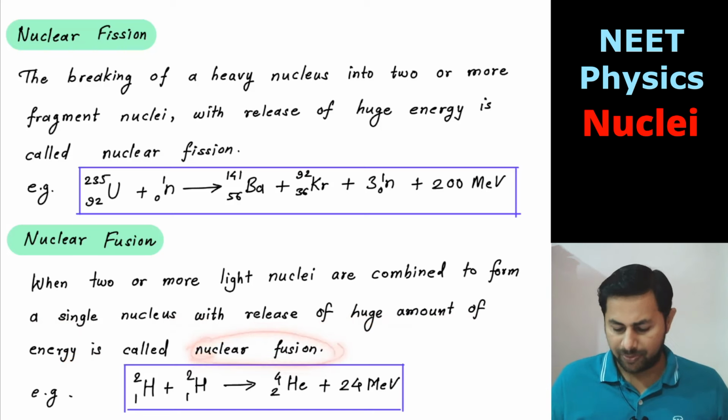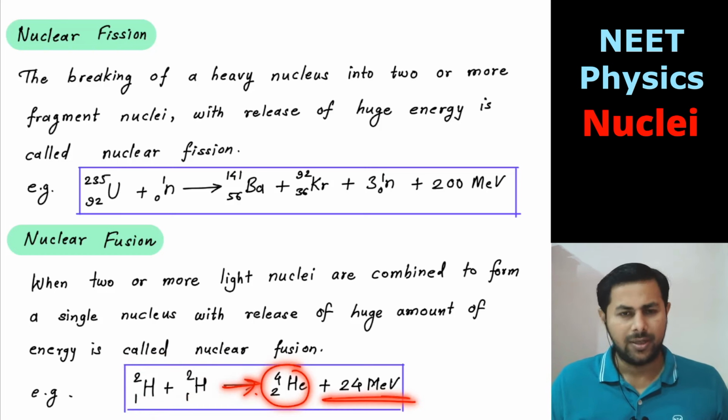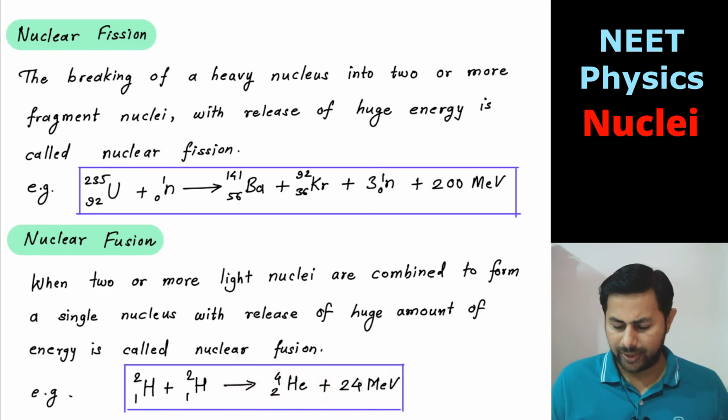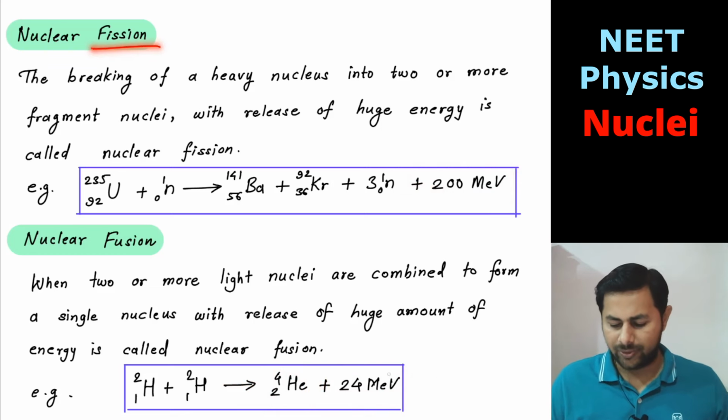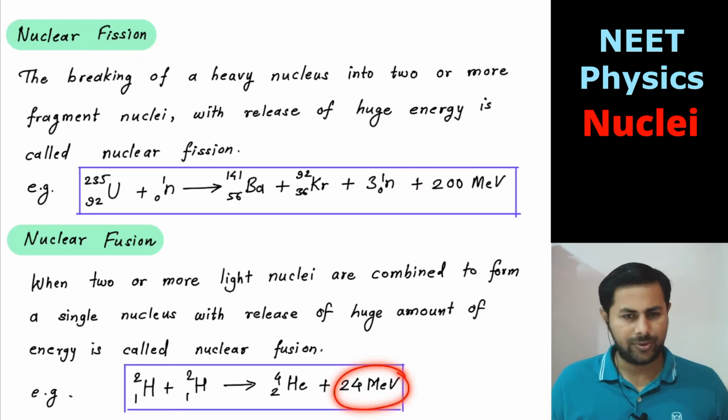For an example of nuclear fusion, you have two deuterium nuclei, they combine to form helium and release 24 mega electron volts of energy. So energy is released both in nuclear fission as well as nuclear fusion.